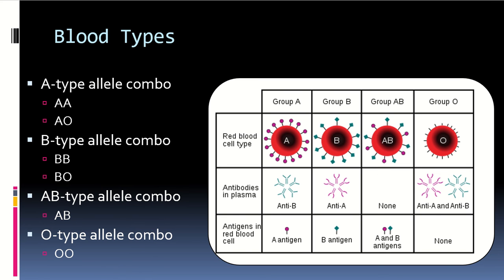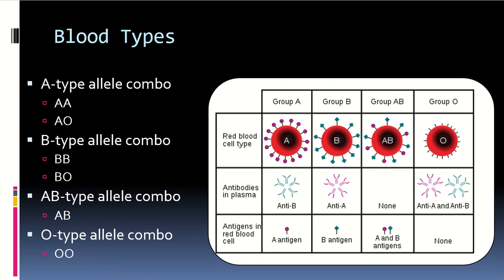Therefore, this will not cause someone with A blood type to form anti-B antibodies. Likewise, someone with B blood can accept blood from someone who is also type B or someone who is type O, because someone who is type O does not have A antigens on the red blood cells. Therefore, those red blood cells will not be recognized as foreign.